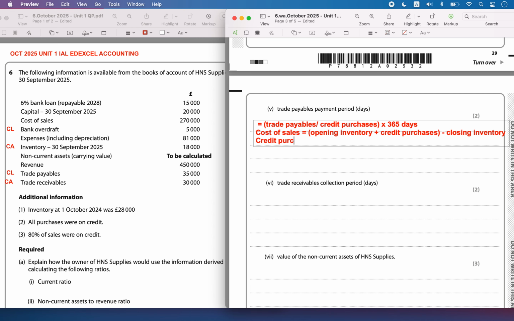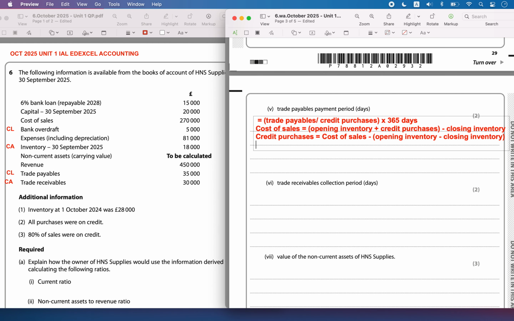From this equation I will rearrange to get the credit purchases. That is going to be equal to cost of sales minus opening inventory minus closing inventory.